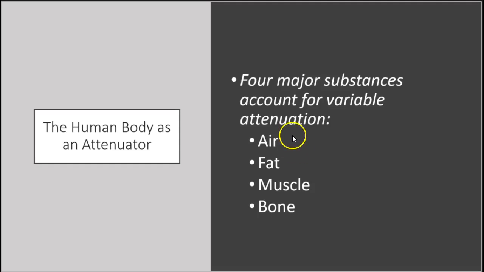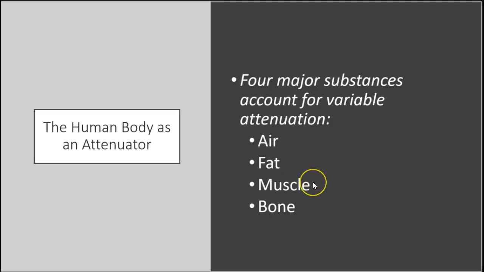So looking here, 4 major substances account for variable attenuation. So we have air, fat, muscle, and bone. So with air, the photons are going to pass right through it, and they're going to expose your IR, make it look darker. The fat, it's going to go right through it also. It'll absorb some, but not a lot, and will give you a shade of gray, a darker shade of gray.